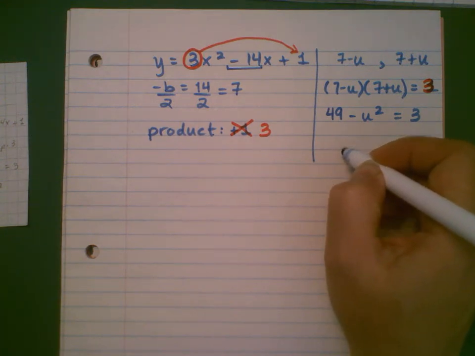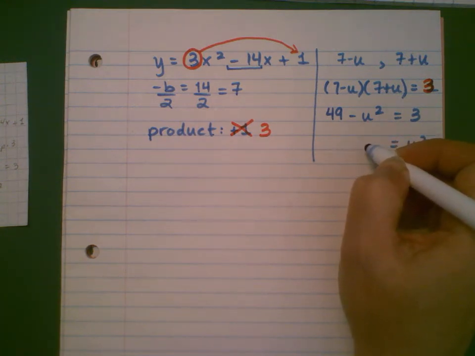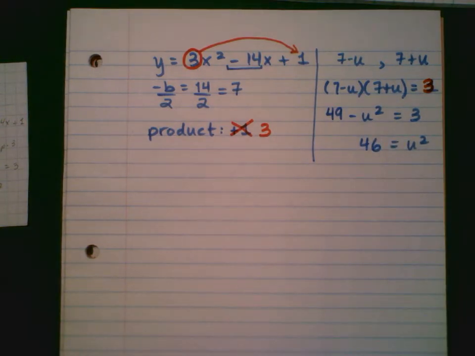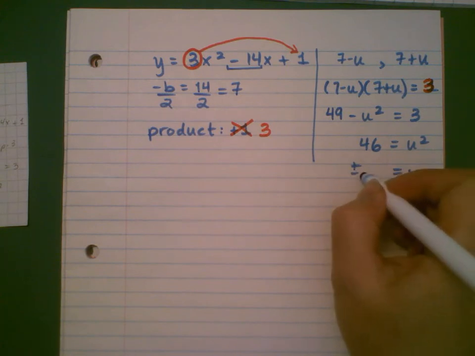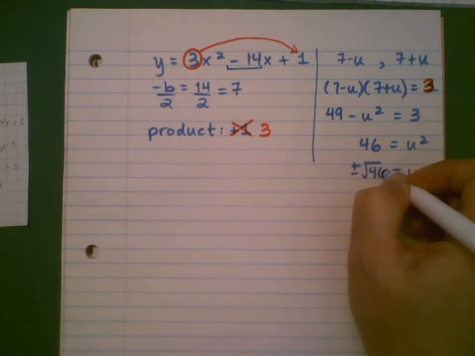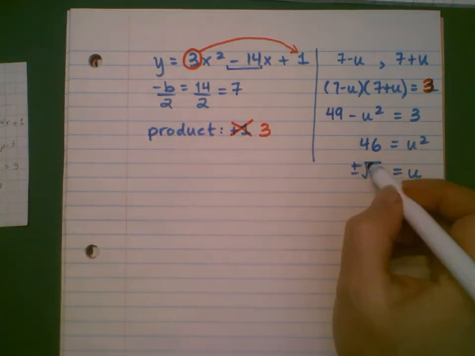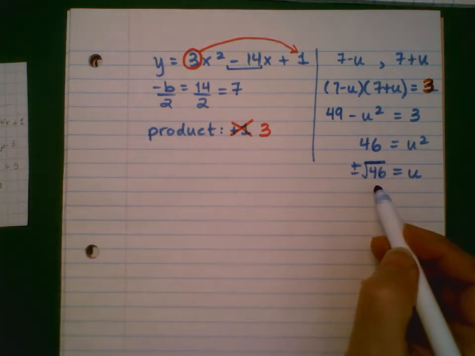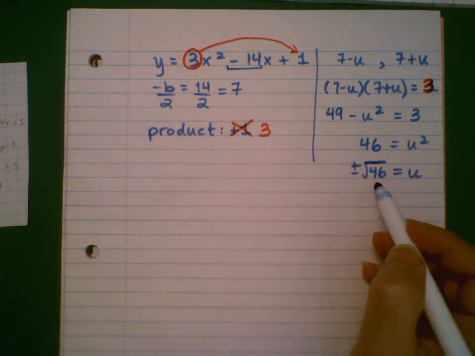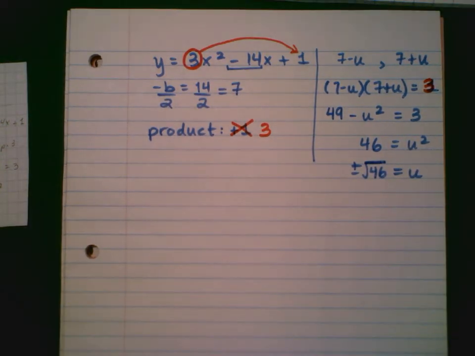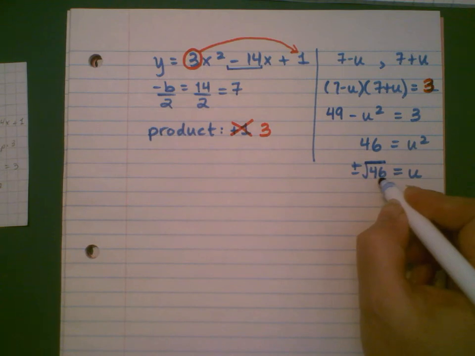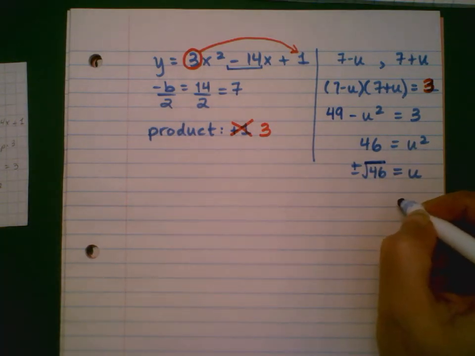That's 49 minus 3 is 46, which means u is plus or minus root 46, which cannot be simplified as a radical. I do take a second to look at it and see maybe it has a factor of 4 or something in it that I could take out of that radical sign, but in this case, I don't. That's 2 times 23, so there isn't any way to simplify that any further.